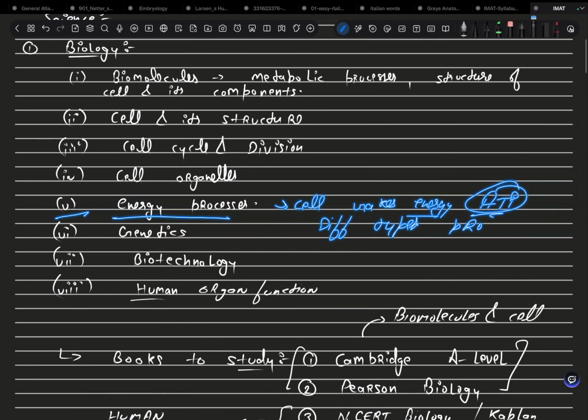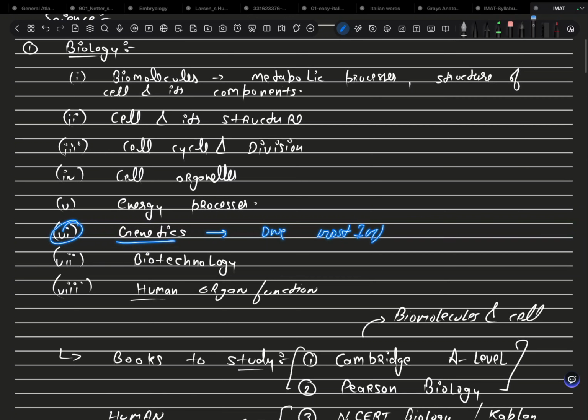Then we will study genetics, which is one of the most important topics of biology, especially for the IMAT. In the 2025 IMAT examination, there were a lot of questions from energy processes and human organ functioning.